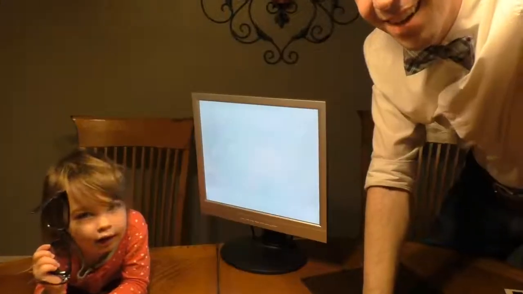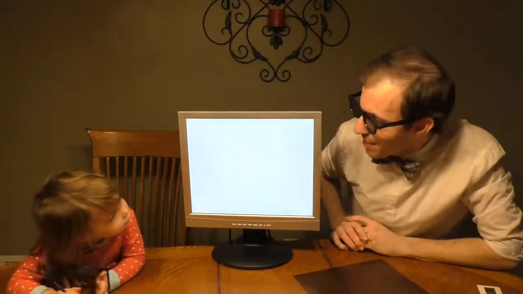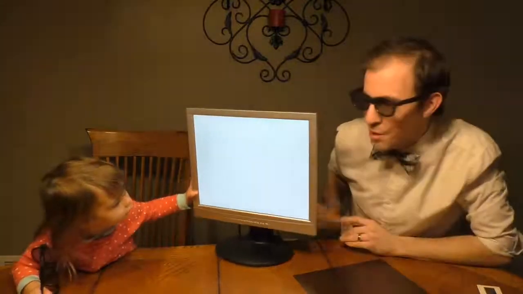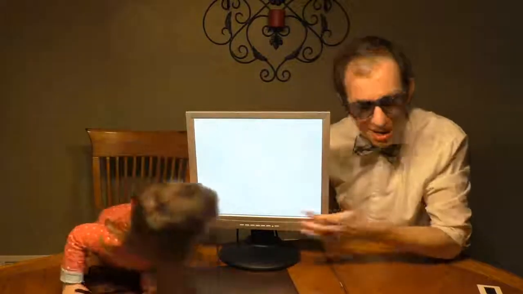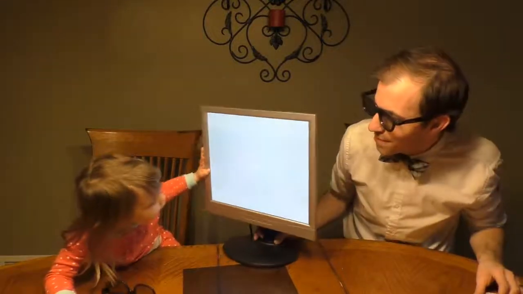Notice how the only difference is that you're looking at it with or without a filter. And the reason that works is because we are taking the light and we are making it go in one direction the way we want it to. This works in a lot of different technology, from 3D movies to computer monitors to some TVs as well.